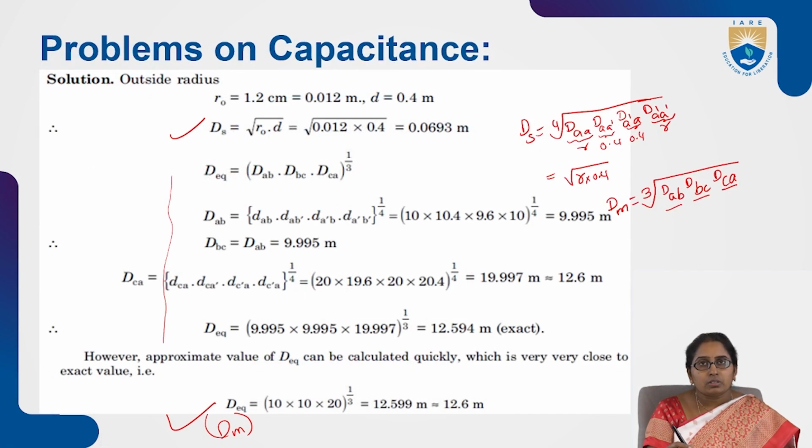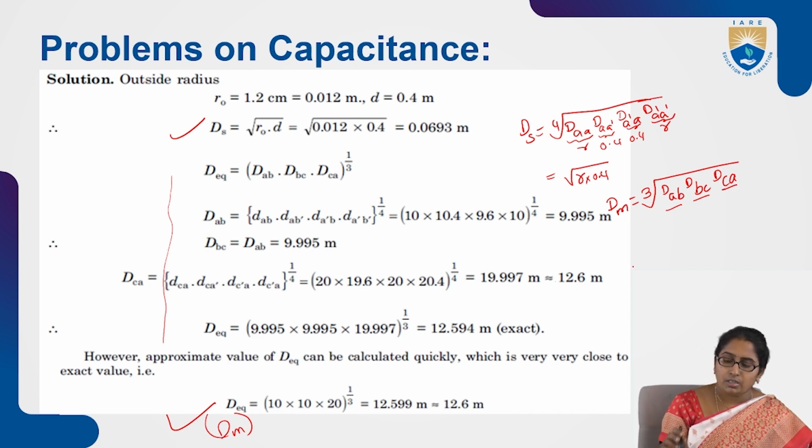DCA dash is calculated in the same manner and is obtained as 19.6. Finally it is obtained as 19.96. Now finally calculating Dm, the D equivalent: the cube root of 9.9 into 9.9 into 19.9 finally gives 12.5.